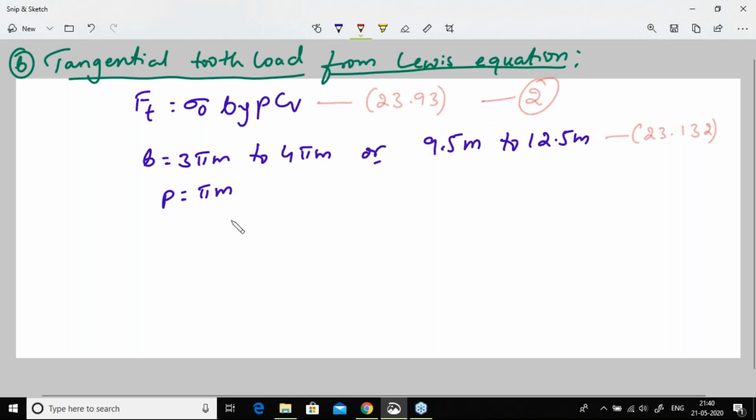After equating, we get an equation in terms of m cube Cv, because this one will be in terms of m square Cv, and here also Cv is there, and by multiplying by m square Cv and equating 1 with 2, everything is in terms of m cube Cv. M cube Cv is equal to some value we get by equating equations 1 and 2, and we call this equation number 3.